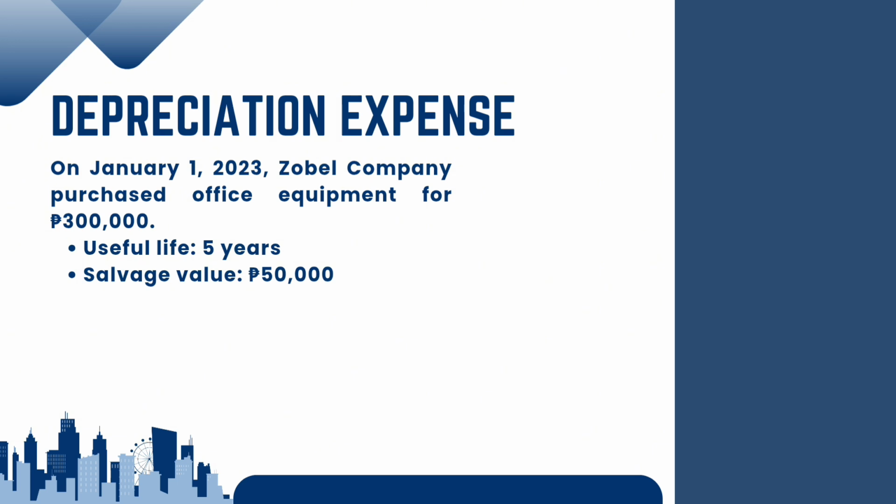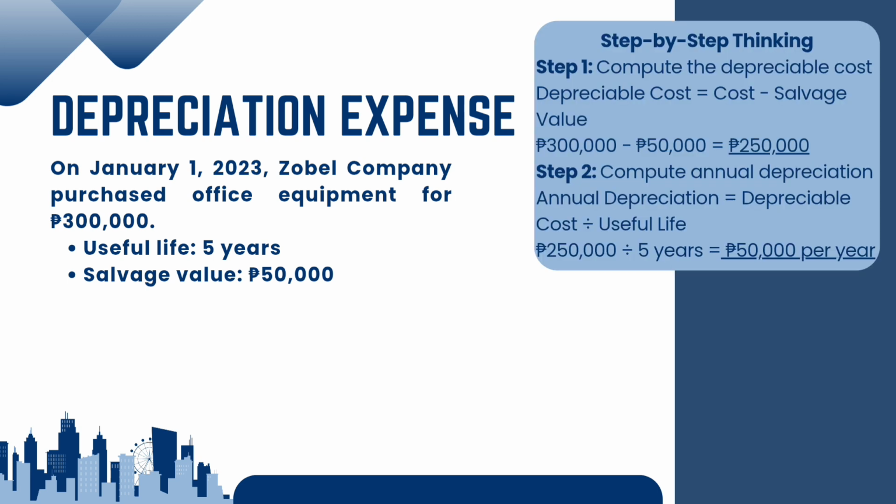Our scenario is that on January 1, 2023, the Bell Company purchased office equipment for 300,000 pesos. The useful life is 5 years and the salvage value is 50,000 pesos. Step 1. Compute the depreciable cost. We get the depreciable cost by subtracting the salvage value from the cost of the asset.